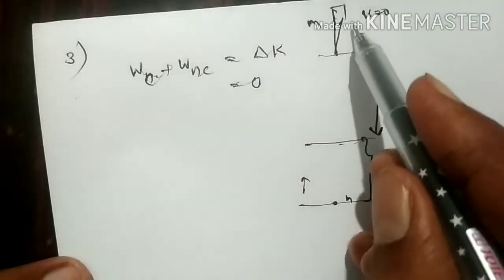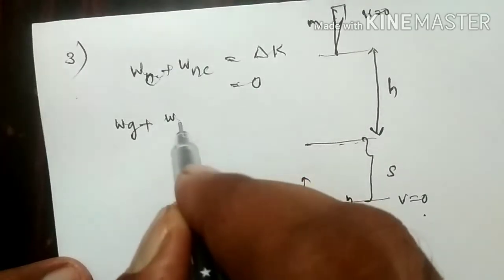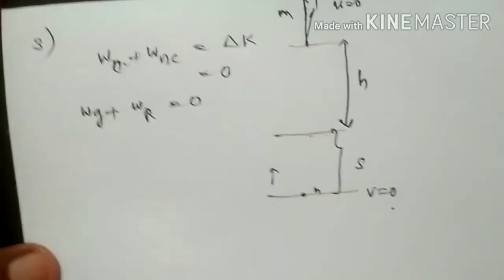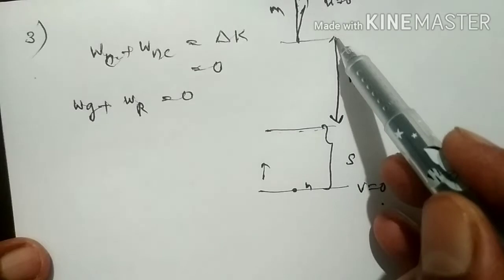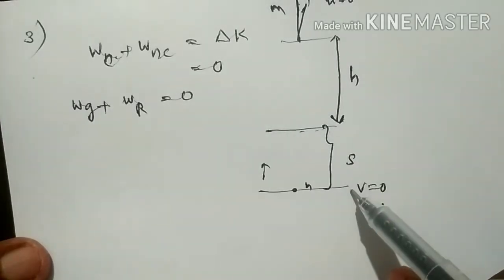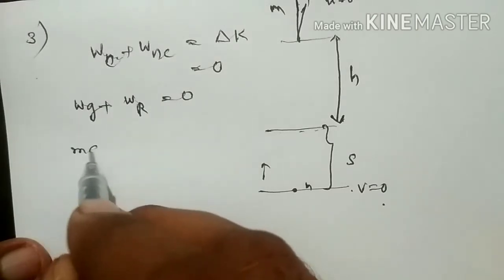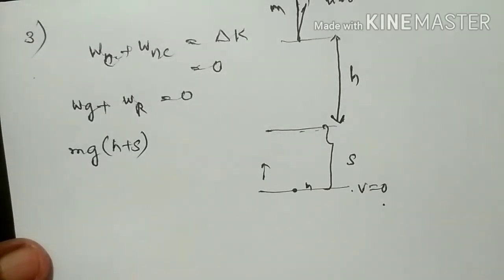Work done by gravitational force plus work done by the resistance force is equal to 0. What is the work done by gravitational force? The body has been displaced by h as well as s, so the body is coming down. So this work done is positive: mg into the total displacement, h plus s.